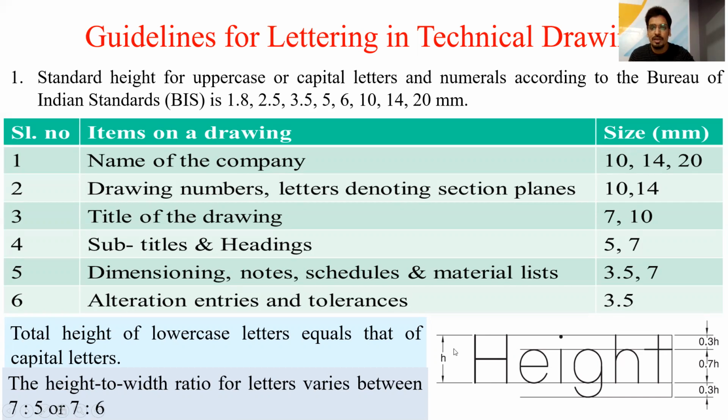It means if h is the height of the letter, then the width is in the ratio of 7/5 or 7/6. So this is the height to width ratio of the letter.